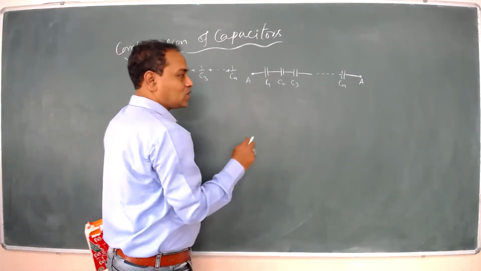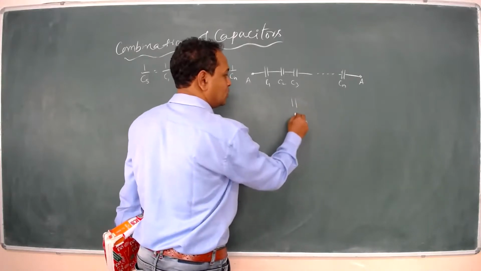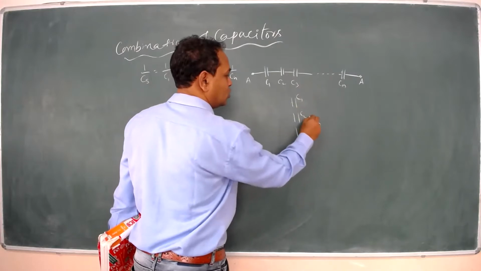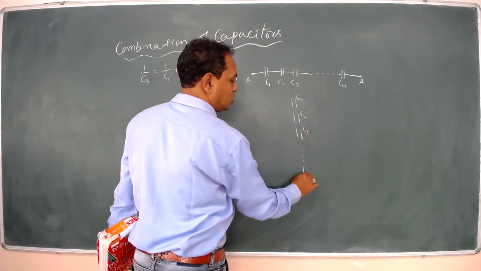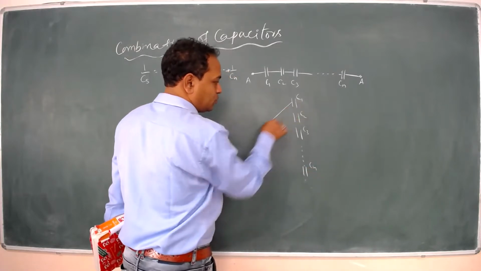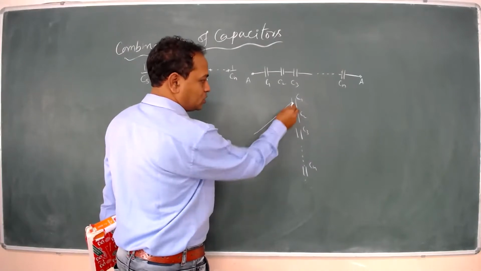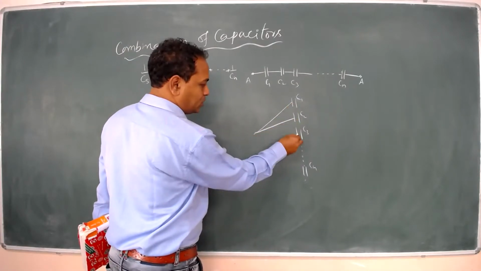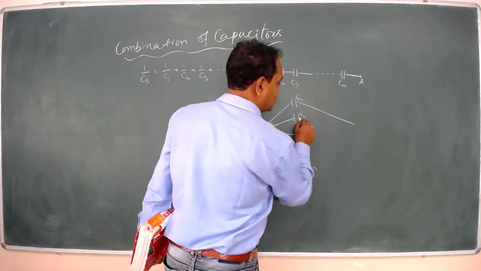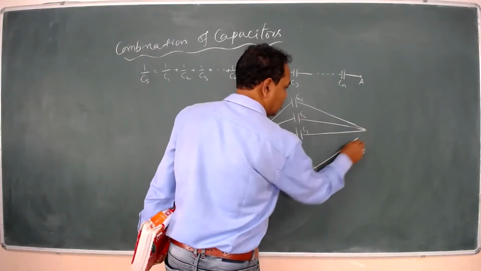Similarly, if the capacitors are in parallel, we have already derived it. Suppose this is C1, C2, C3 and so on, say this is Cn. The first plates of all the capacitors are connected to one terminal, and the second plates of all the capacitors are connected to another terminal.